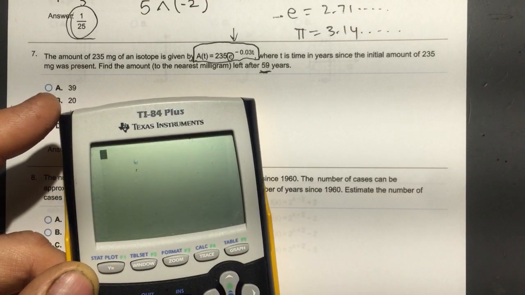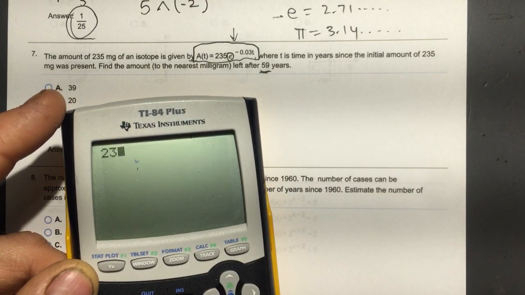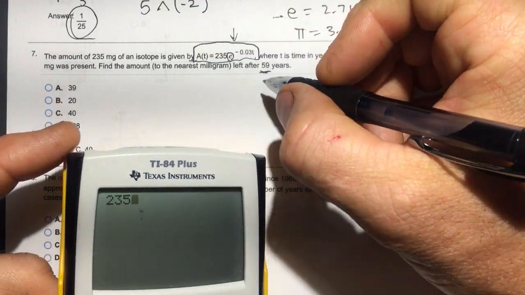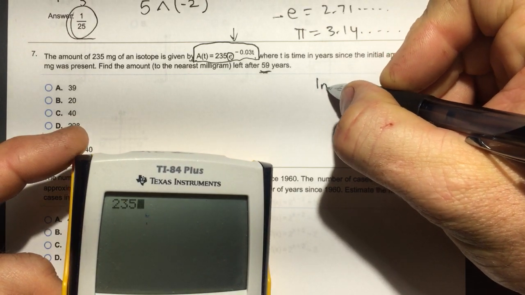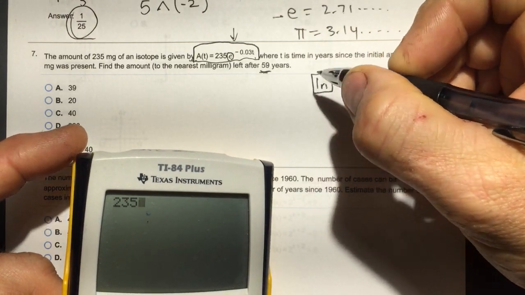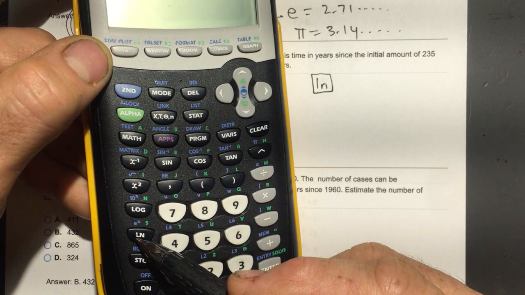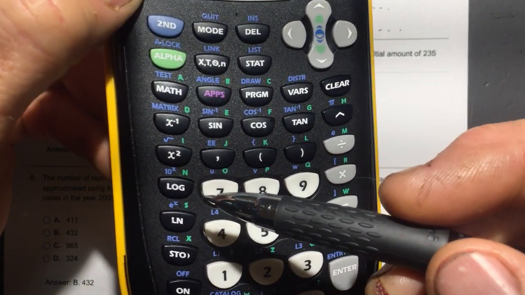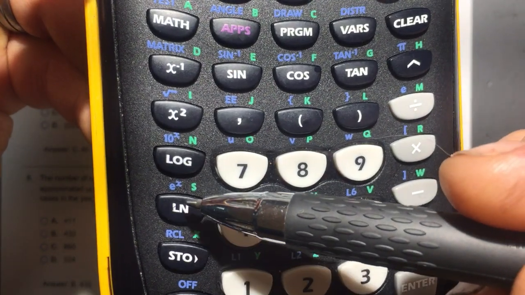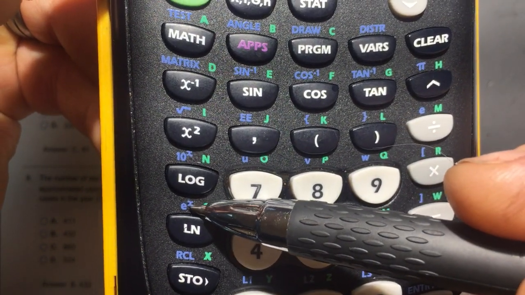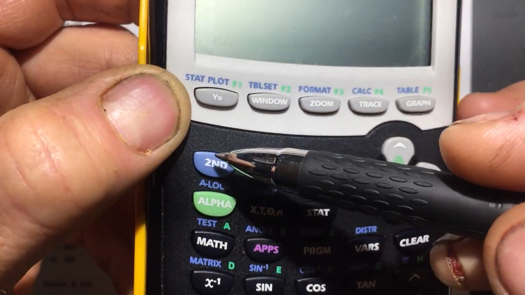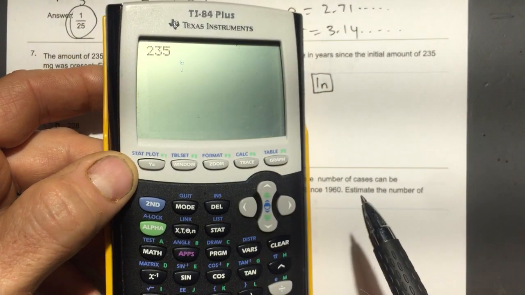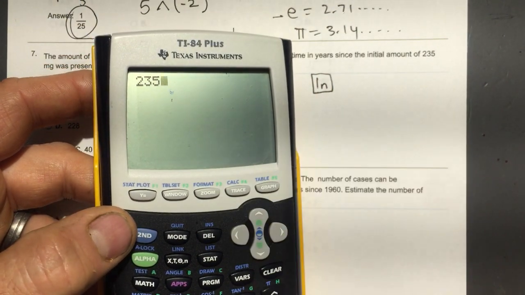But when you punch this in, I'm going to hit 235, and the E button is usually on the LN button. All right, if you notice right here, here's my LN button, and you see the E is right there in blue. We'll get it a little closer there. There's the LN button, and see E is right there. So what I do is I hit Shift, the second button, to access that. So here's my 235.